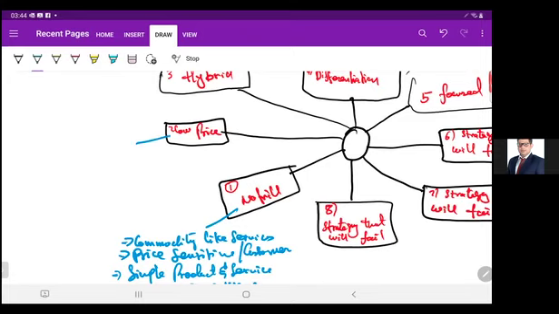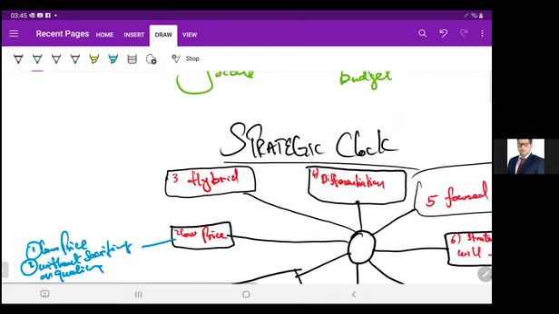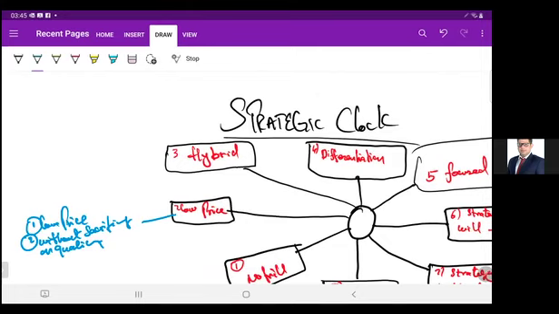Then at number two, as you can see, we have low price. It aims for a low price without, you know, sacrificing on quality or benefits in the long term run. The lower price strategy must be supported by a low cost base, right? Then we have the number three, the hybrid strategy, right?